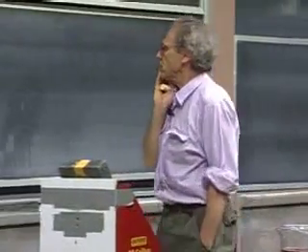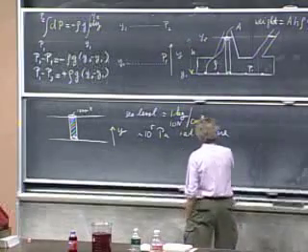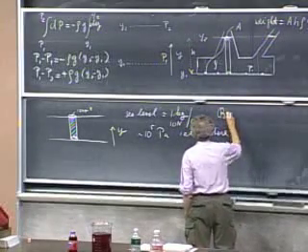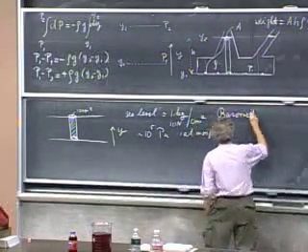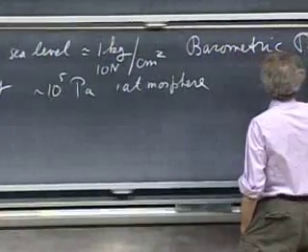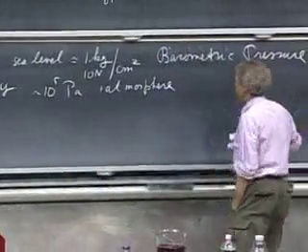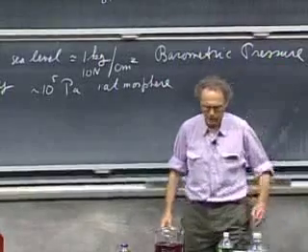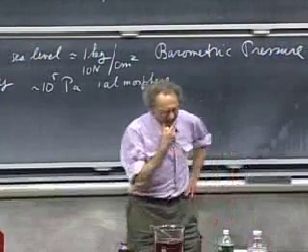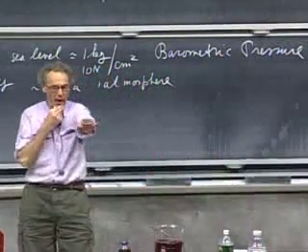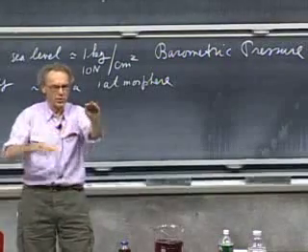This atmospheric pressure is also often called barometric pressure. The idea of a barometer. Here's my hand, and my hand has an area of roughly 150 square centimeters.